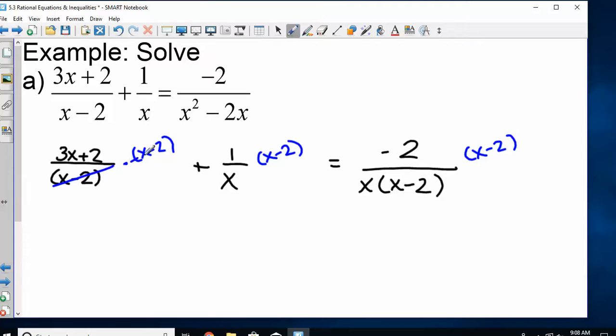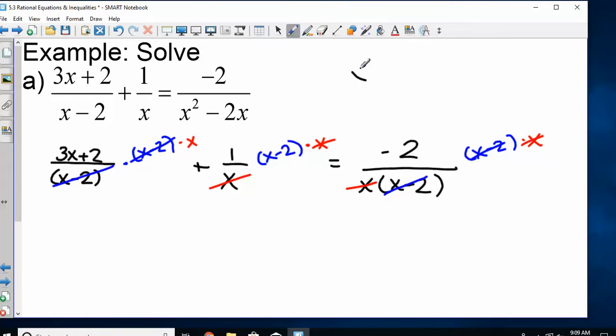So that would drop out, and this piece would drop out. What else are we going to have to multiply by? Just a plain x. And that drops out, and this drops out, so we don't have to multiply by anything else.